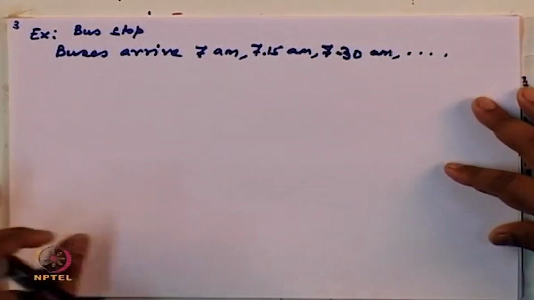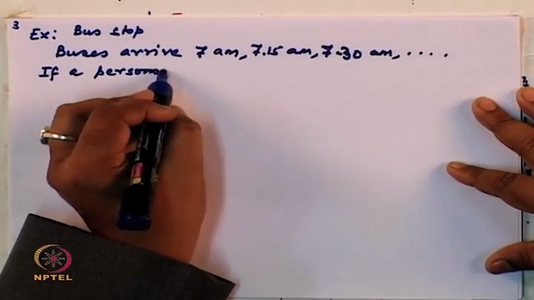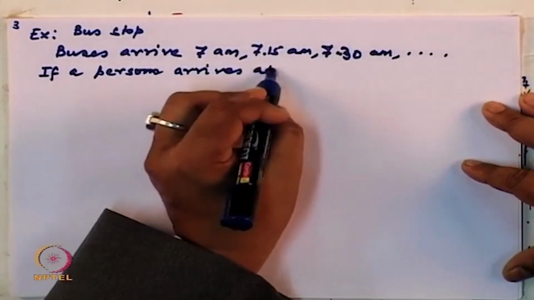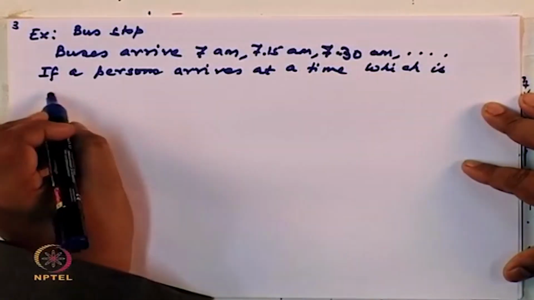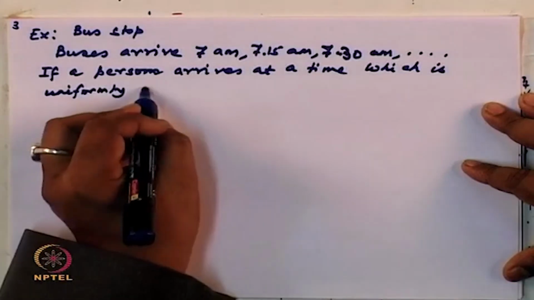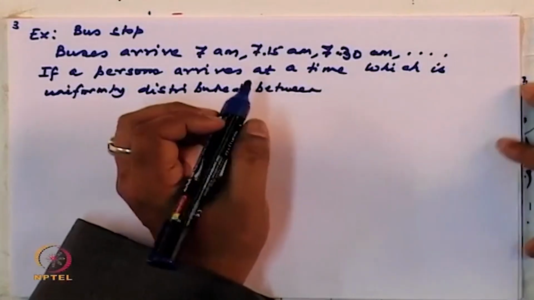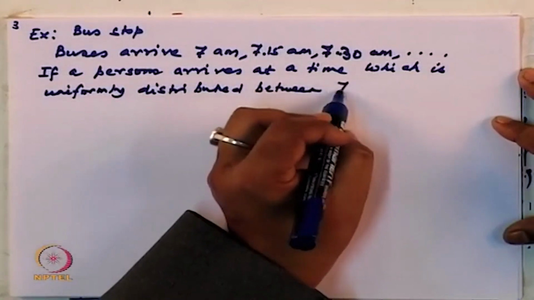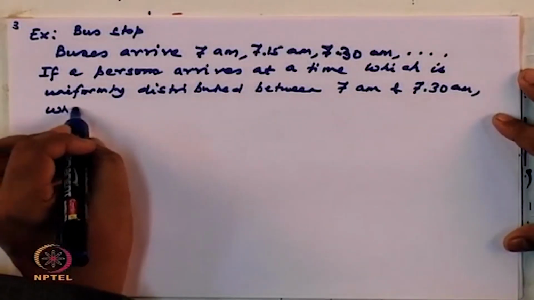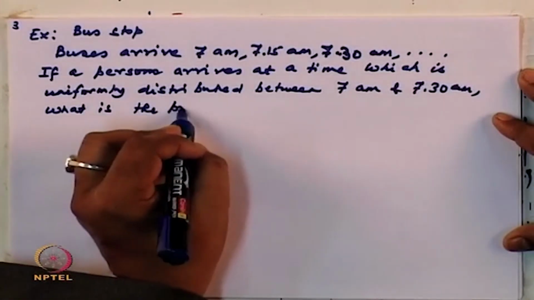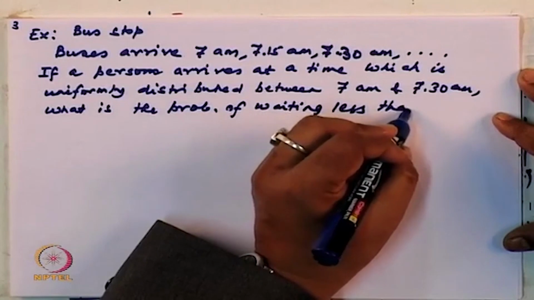The question is, if a person arrives at a time which is uniformly distributed between 7 a.m. and 7:30 a.m., what is the probability of waiting less than 5 minutes?